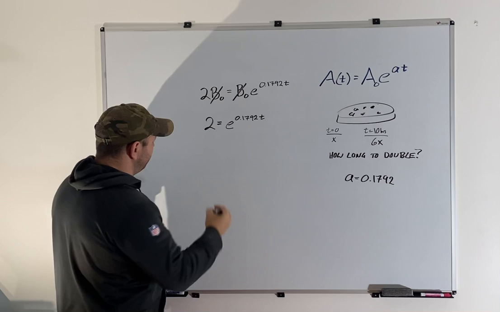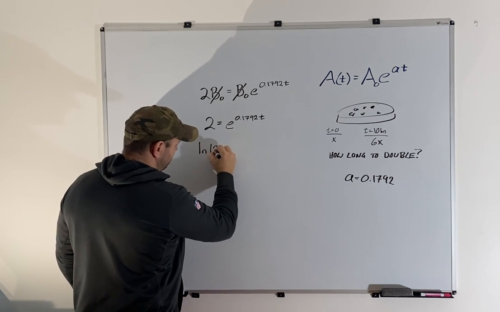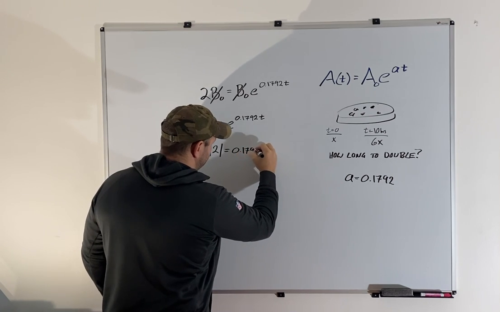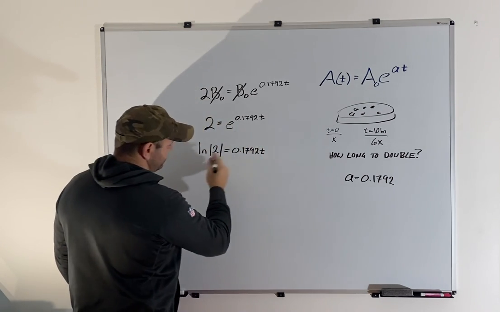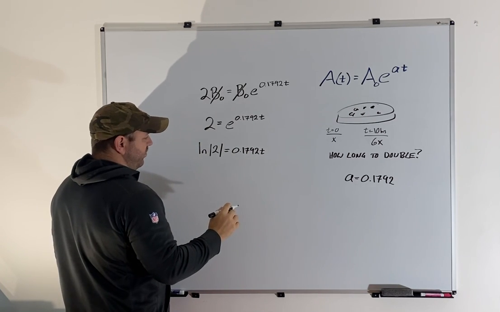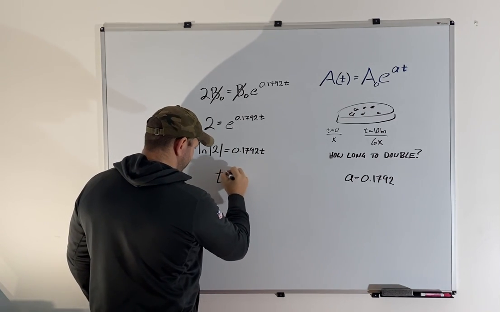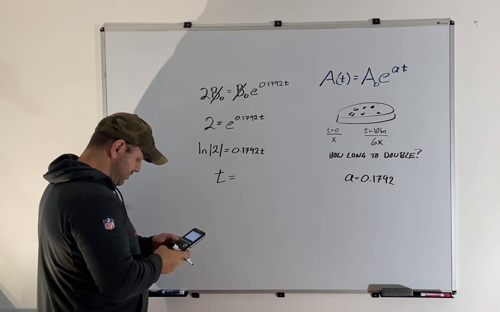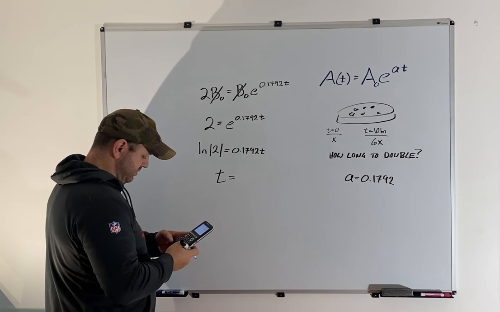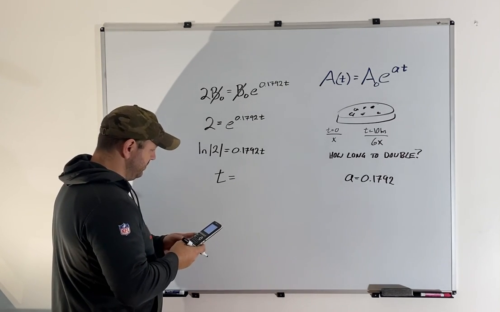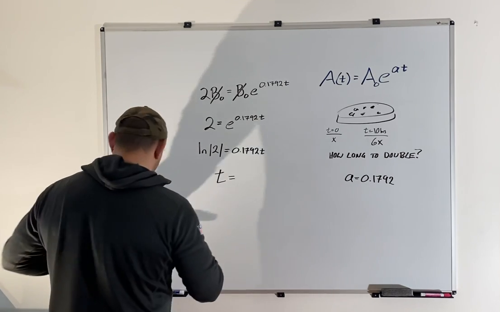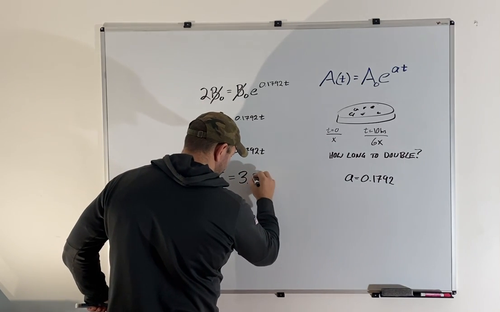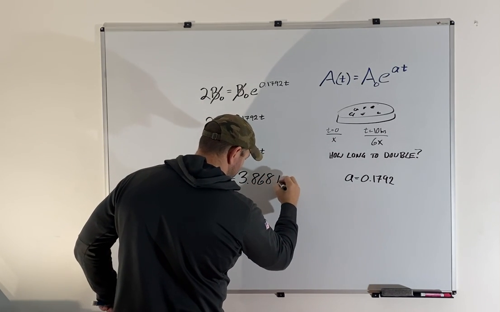We're going to take the natural log of both. It's going to leave us ln 2 equal to 0.1792 T. And now we'll just divide both sides by 0.1792, leaving us with T equals 3.868 hours.